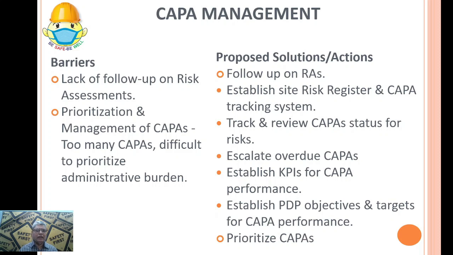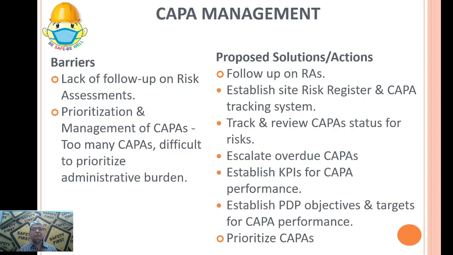Sometimes what happens is that there are too many CAPAs and it is difficult to prioritize. So there may be a question arising or posed to the concerned people that if there are 3, 4, 5 significant risks, then which risk is to be prioritized? Okay, and so there may be an administrative burden, because it is not easy to maintain CAPA register and risk register. Somebody has to devote his time, somebody has to devote his energy, and it is a job that needs perseverance, it needs patience.